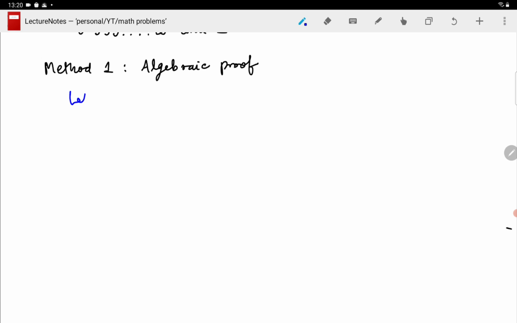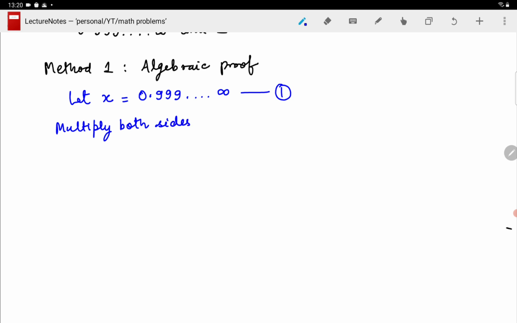Now let x be equal to 0.999 all the way to infinity, and let this be our first equation. Now we multiply both sides by 10, and we get a second equation, 10x is equal to 9.999 all the way to infinity.